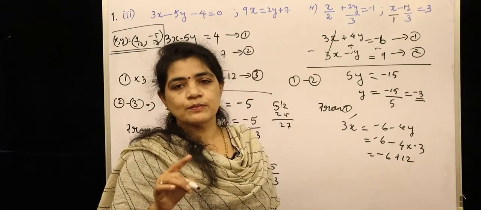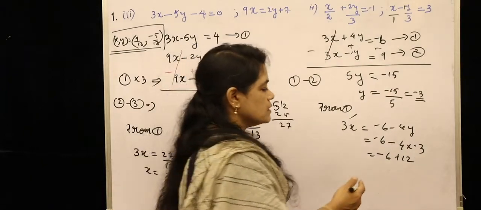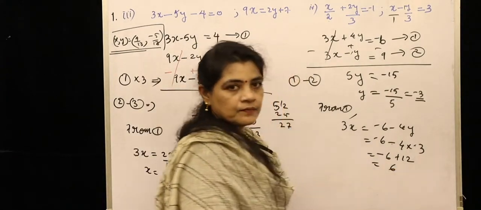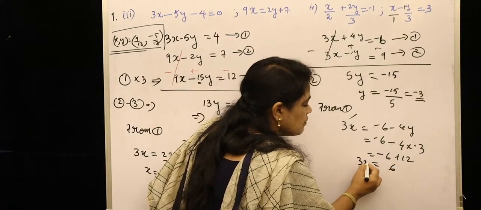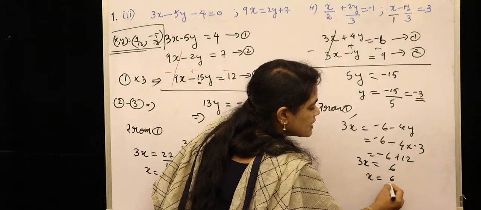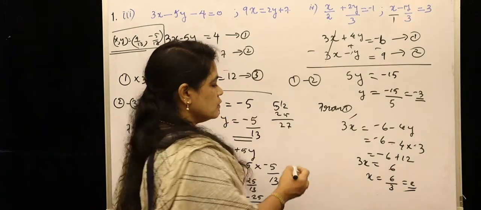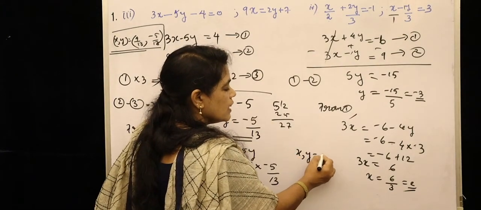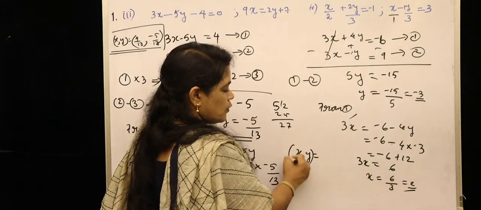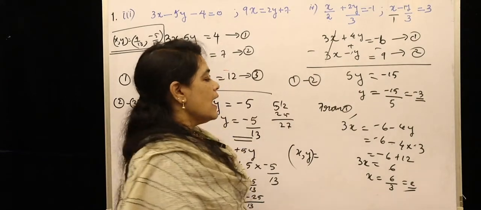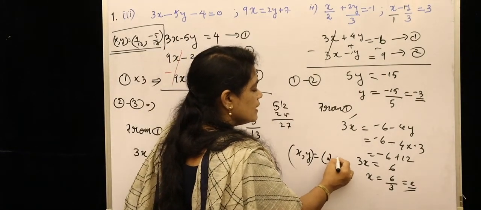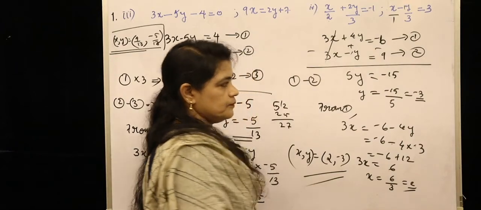So minus 6 plus 12, take the difference, that is positive 6. This is 3x, children, but we need x alone. So x is 6 by this 3, that is 2. So the values of x comma y for this problem, the fourth sub question, are 2 for x and minus 3 for y.